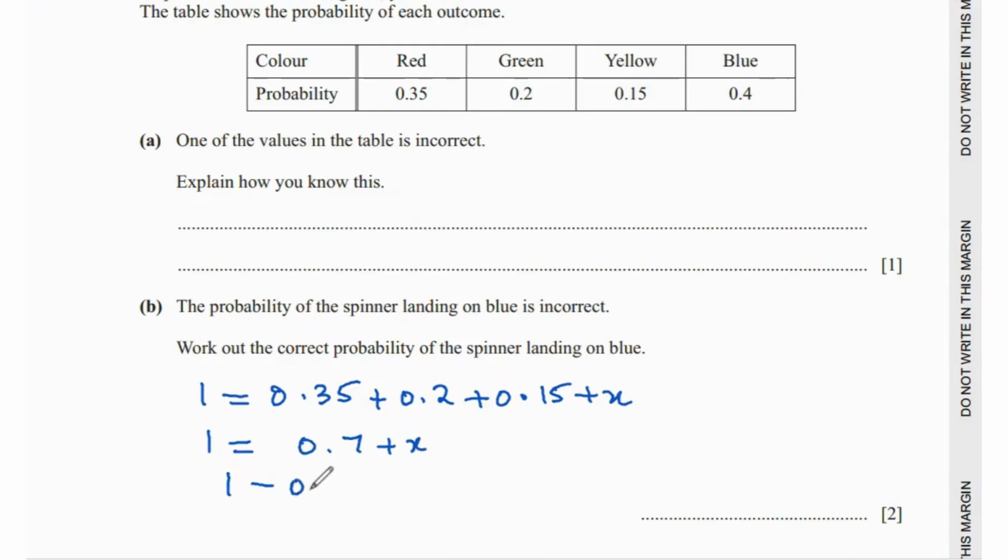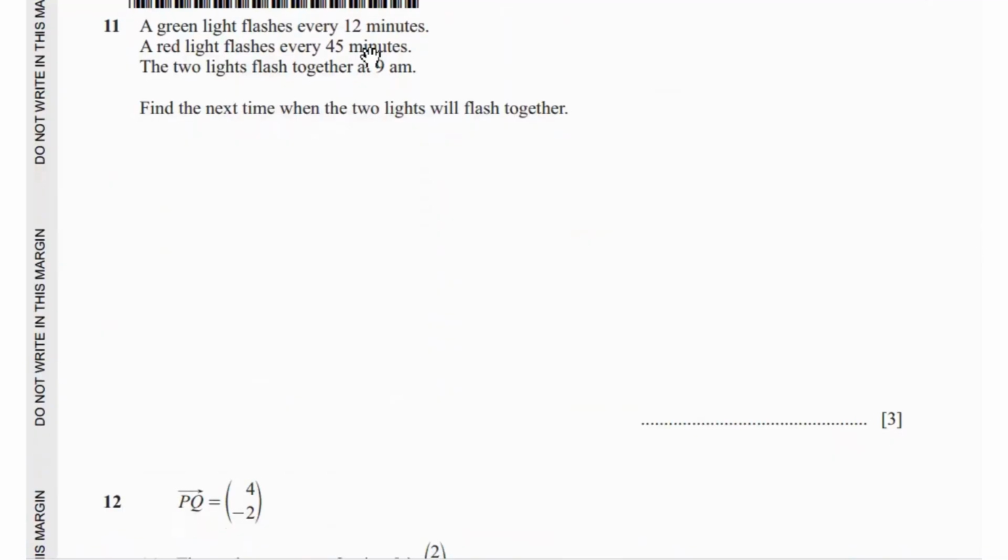So 1 minus 0.7 equals x, which is going to be 0.3. That is the correct probability of the spinner landing on blue. Always remember that in the table, when they give us probabilities, all of the probabilities will always add up to 1. Always.